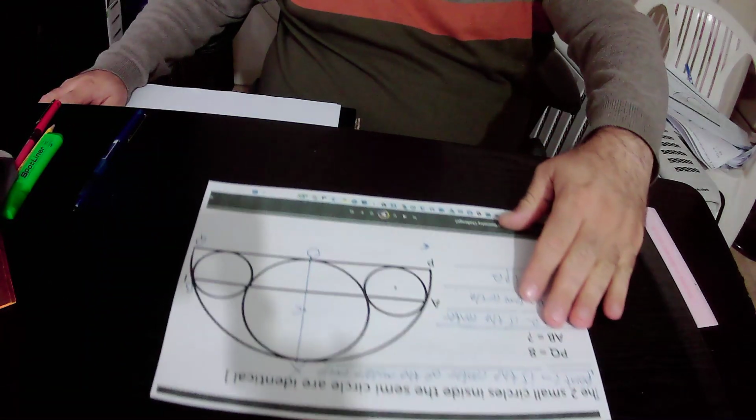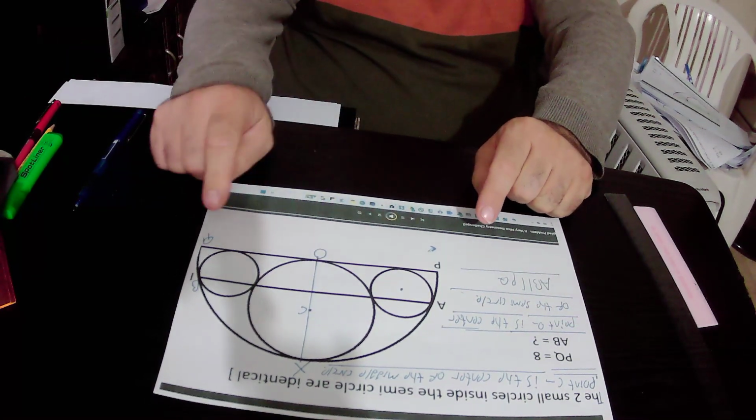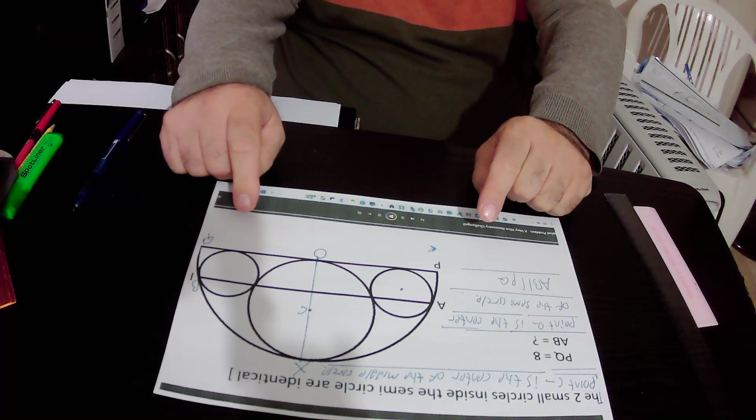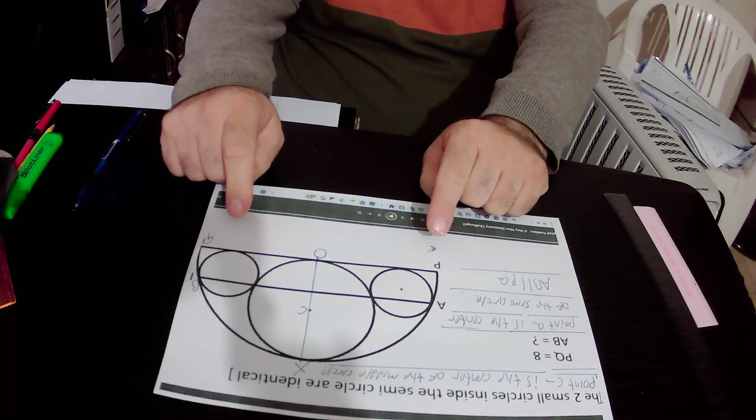Hello, in this lecture we will find the length of chord AB. In the drawing we have a semicircle, and inside this semicircle we have three circles.